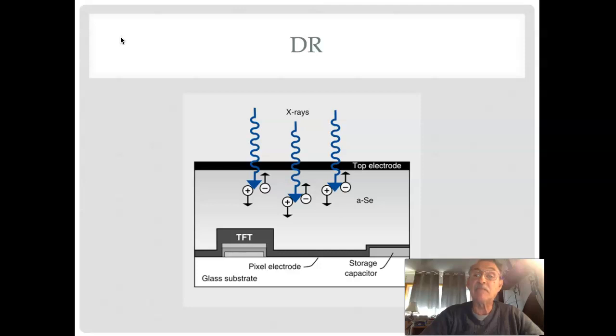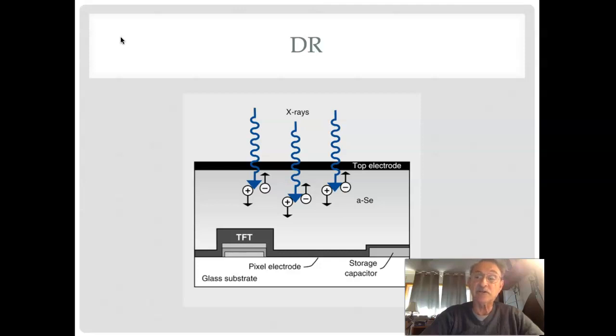The X-rays are immediately turned into an electrical charge, and the mechanism is fueled by something that we call amorphous selenium, ASE. Amorphous selenium is the system that immediately turns it into an electric charge.